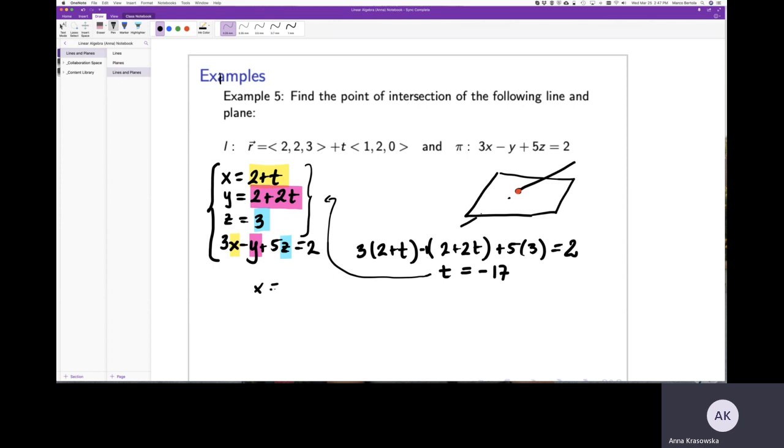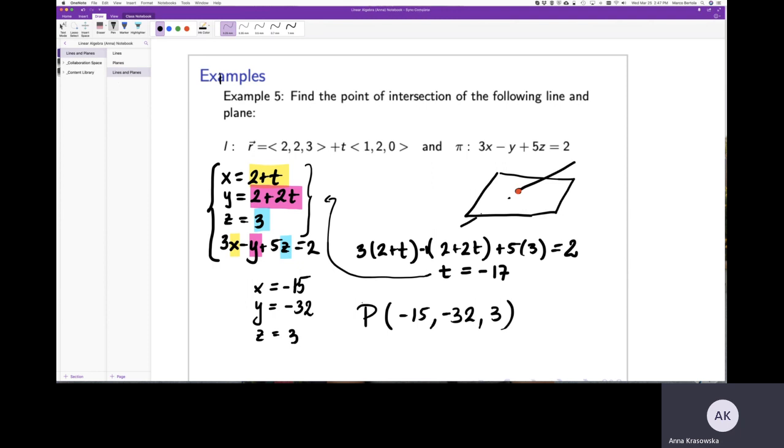You will have x equal minus 15, y equal minus 32, z equal 3, and those are the coordinates of our point of intersection: minus 15, minus 32, 3.